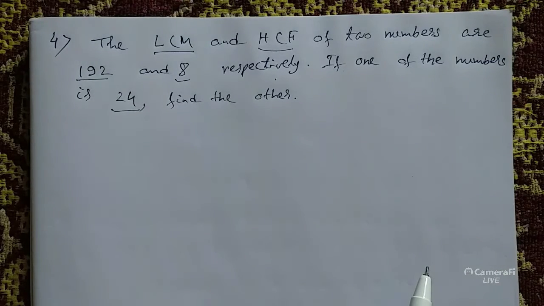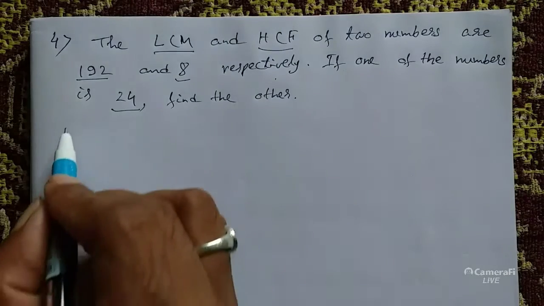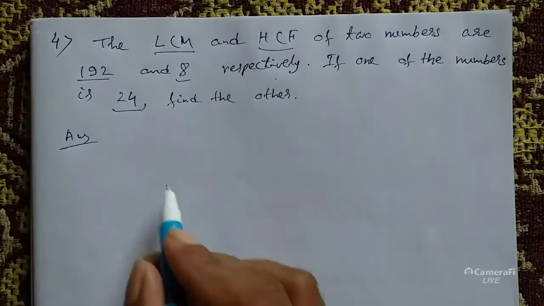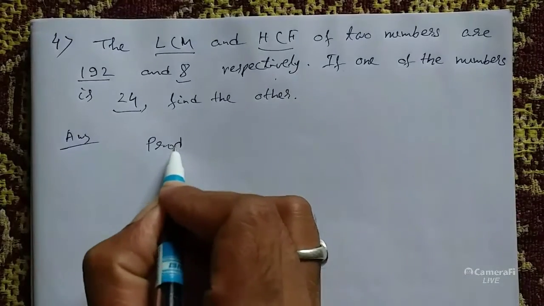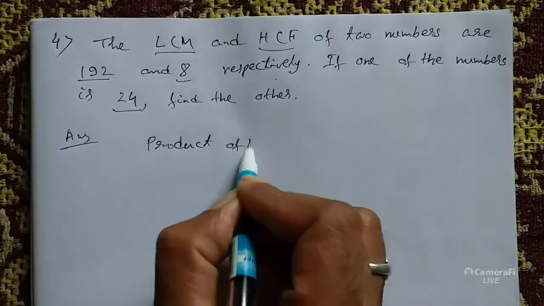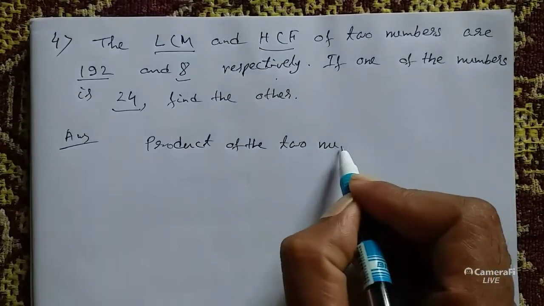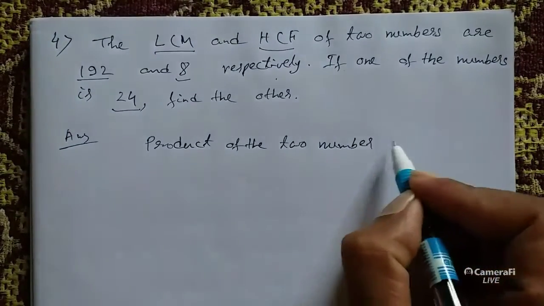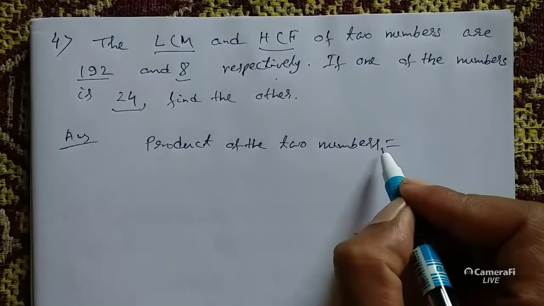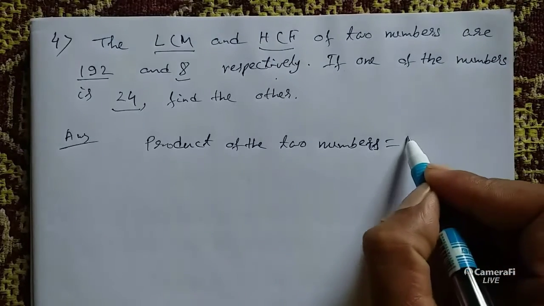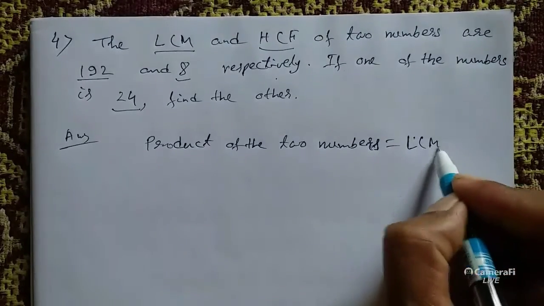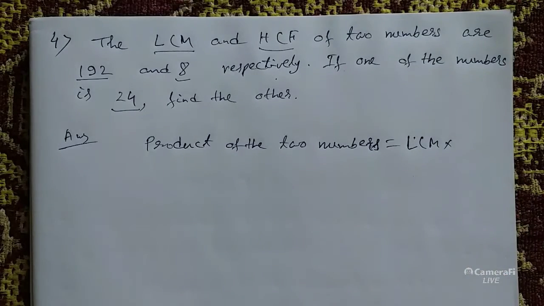We have to find the other number. We will use the relation between HCF and LCM. What is the relation? The product of the two numbers equals LCM multiplied by HCF.